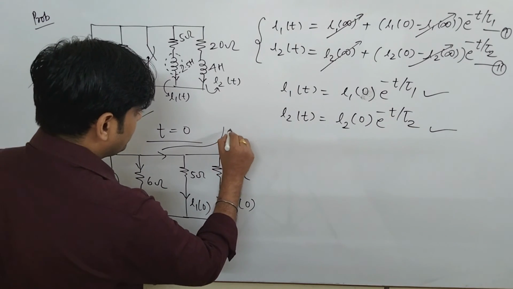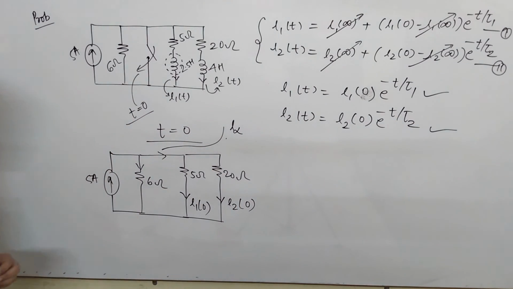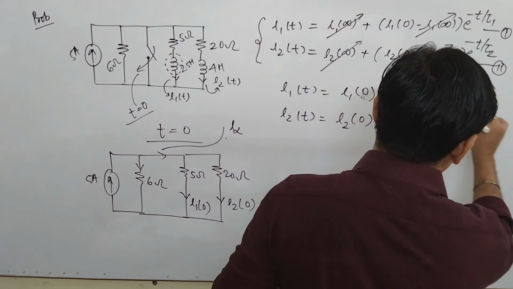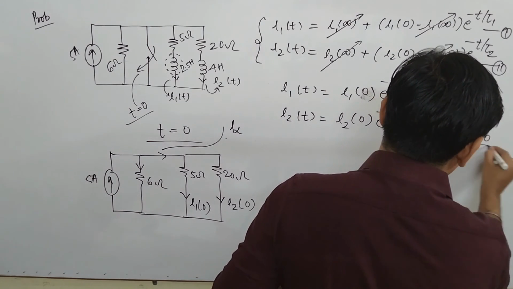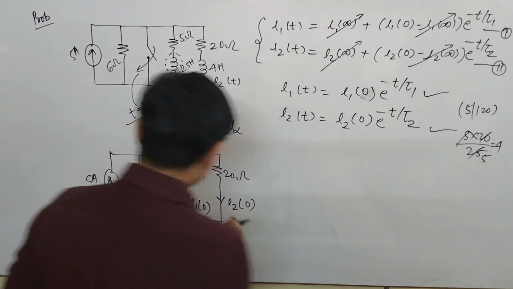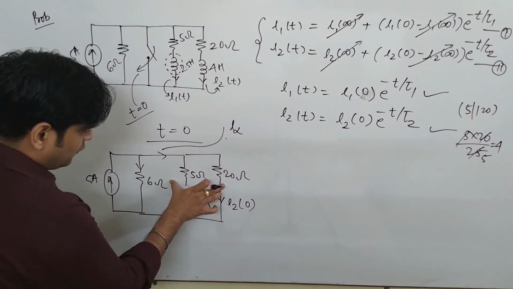Let this current be I alpha. For finding I alpha, 5 and 20 are in parallel, so we solve the parallel combination of 5 and 20. That comes to be 5 into 20 upon 25, which is 4 ohm. It means the parallel of 5 and 20 is 4 ohm.